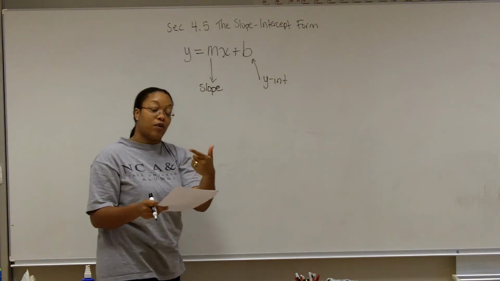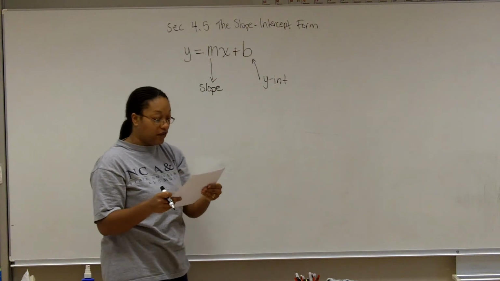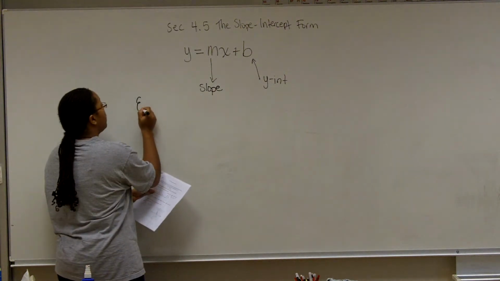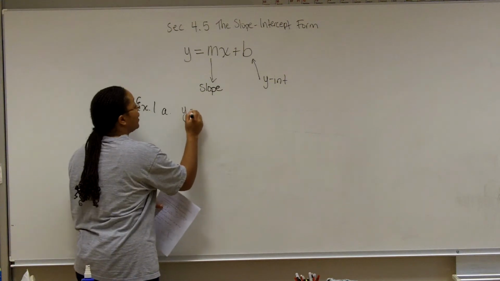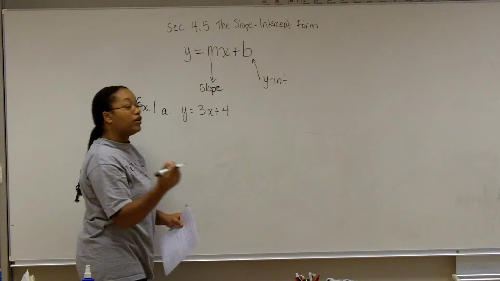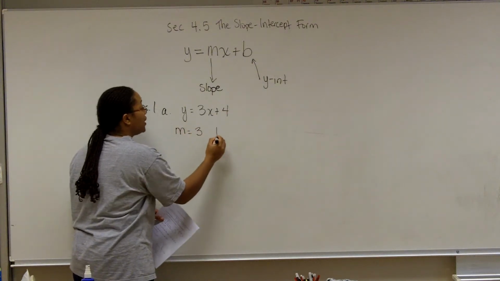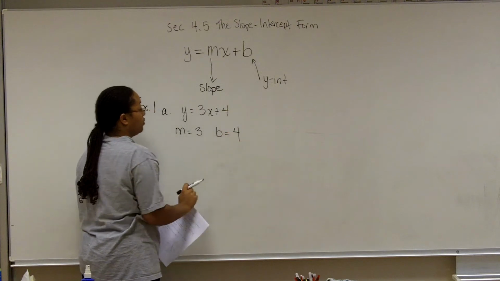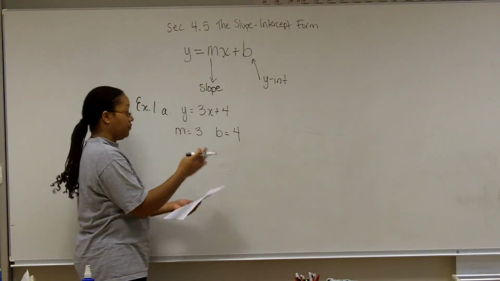If you look at example 1, it says, what is the slope and y-intercept of each equation? For letter A, I tell you that y is equal to 3x plus 4. Well, you just pull it out. Your slope is positive 3, and your y-intercept is positive 4. And you're done. All I wanted you to do was identify it, and that's what we did.